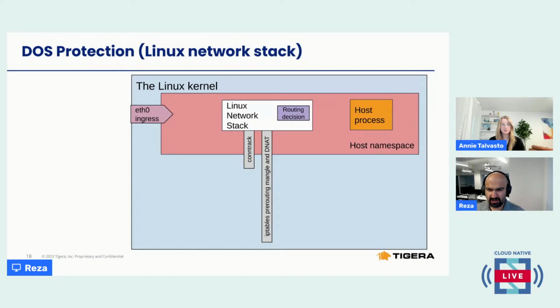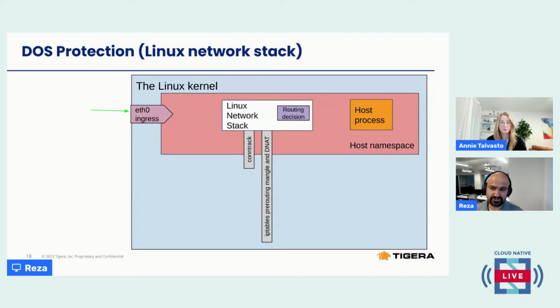Now that we know how the attack works, let's explore the defense measures that we can employ with both the standard Linux data plane and the eBPF data plane. So in a typical Linux environment, incoming requests are initially received by the network card.